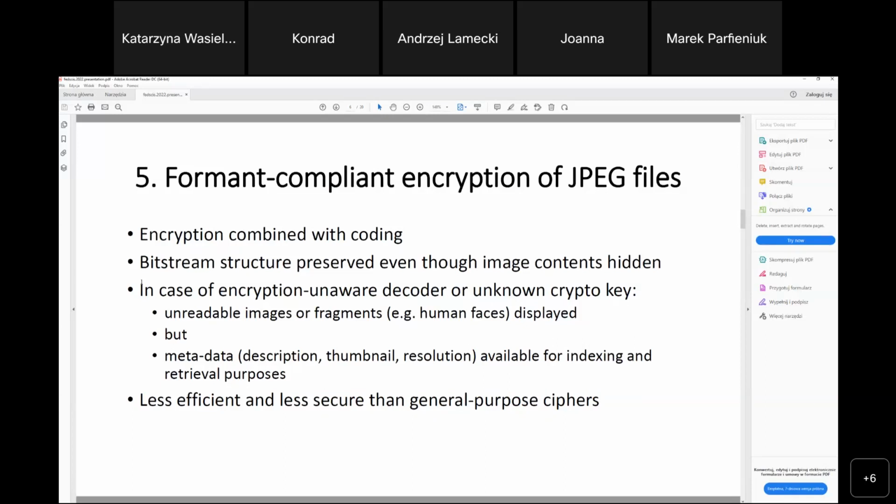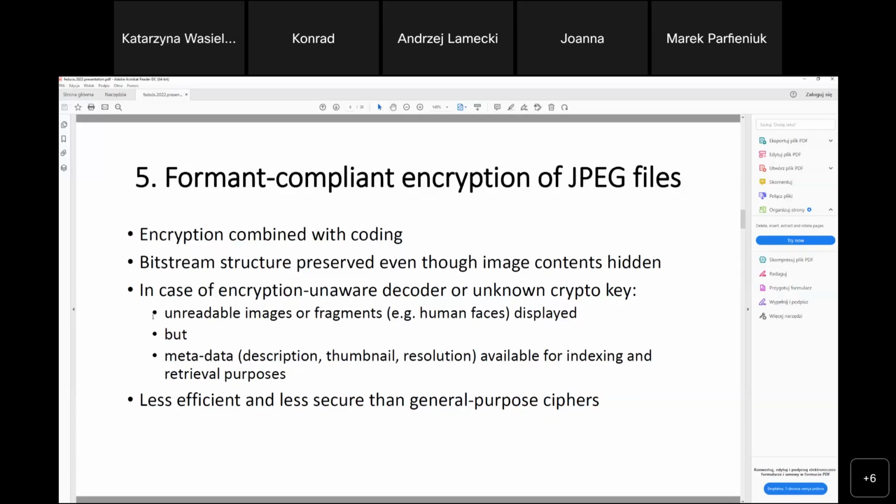In the case of an encryption unaware decoder, or in case of not knowing the crypto key, the user obtains unreadable images or at least unreadable fragments of the image, like human faces displayed on screen.